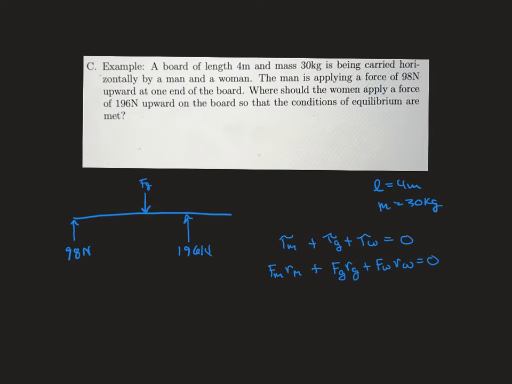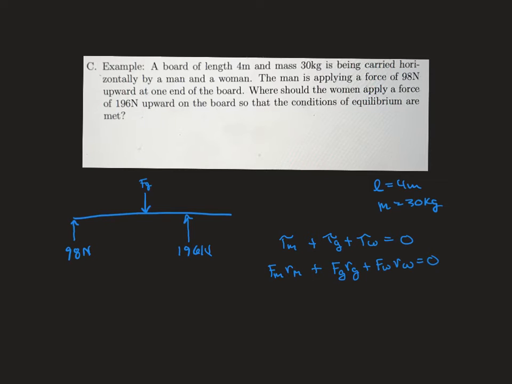Normally the strategy is to put it at some place where we don't know a force, and we don't actually want to find that force. But in this particular problem, we know this force, and we can find this force because we know the mass of the object. Which means that I could put the r equals 0 at any point of the board as long as I have the ability to figure out the lever arms relative to it.